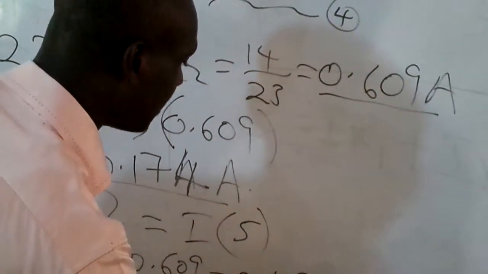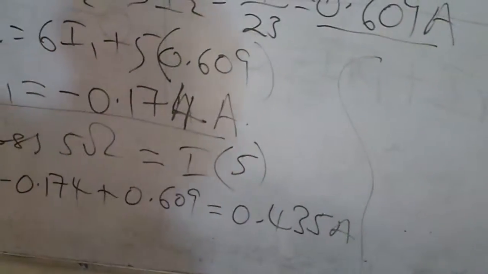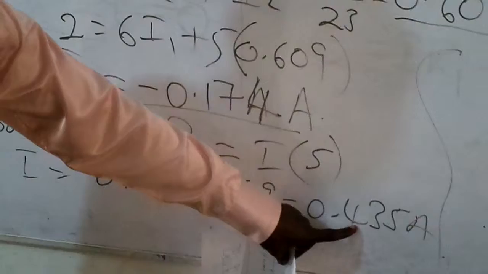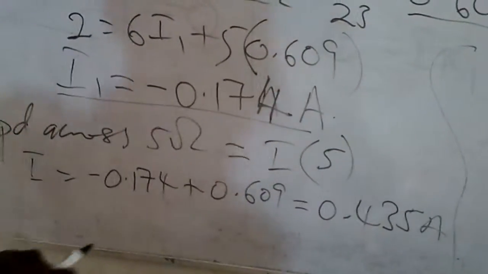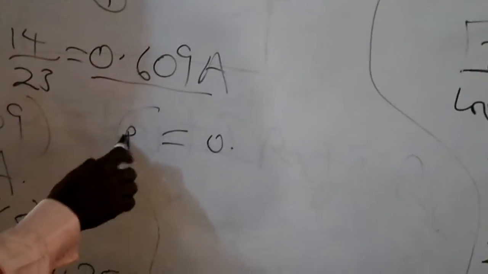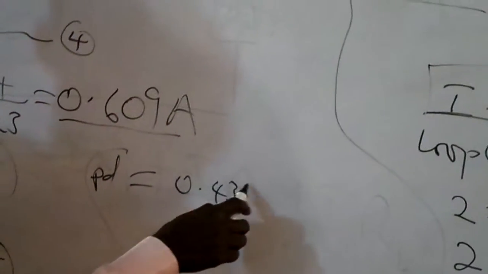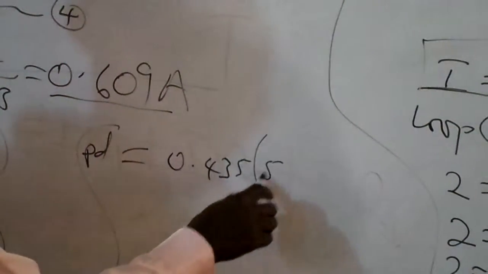And when you add this together, you have your I as 0.435 amperes. And when we have something like this, we put our I, which is 0.435, in place of I. So your PD will be equal to 0.435 multiplied by 5.